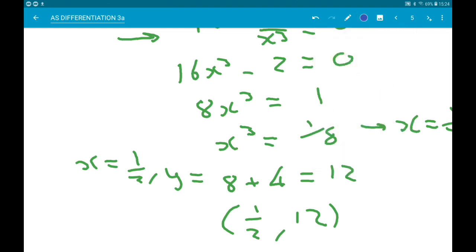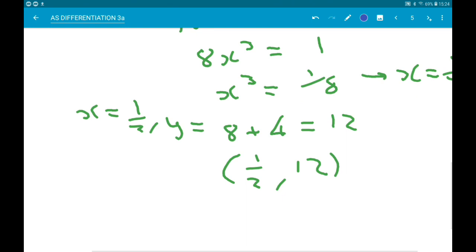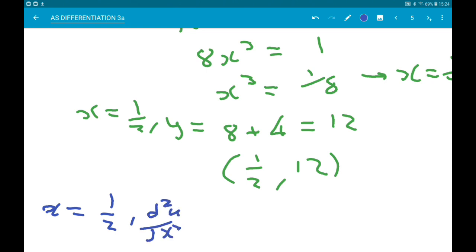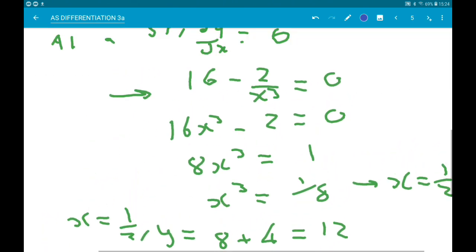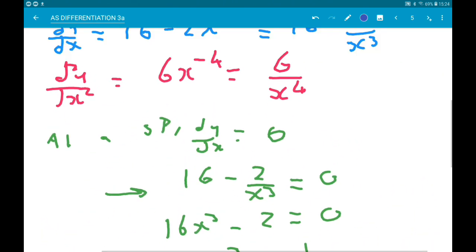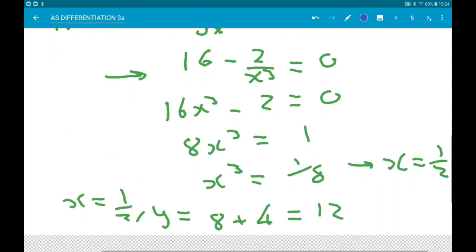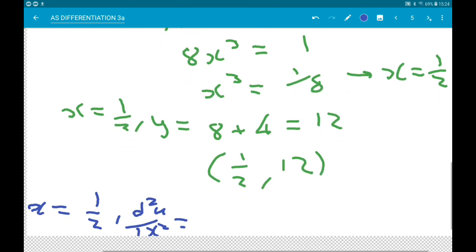Now, to determine the nature of the stationary point, we use the second derivative. So, when x is 1/2, the second derivative is going to be 6 over 1/2 to the power 4.